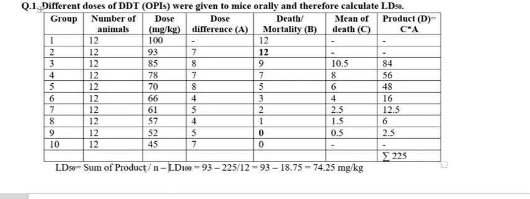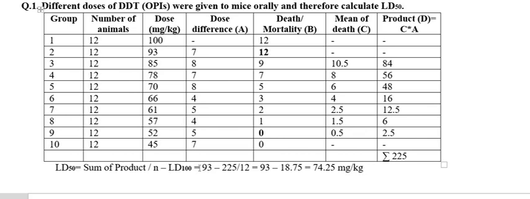Here you have to make it correct because this is the class, I am not going to take this much time. So LD50 is equal to LD100 minus sum of product divided by N.